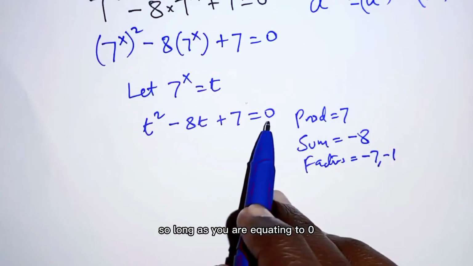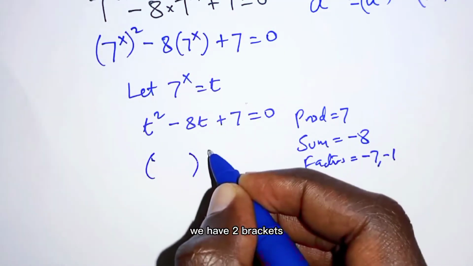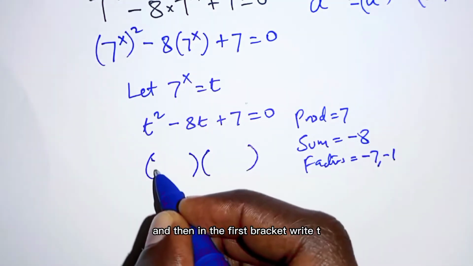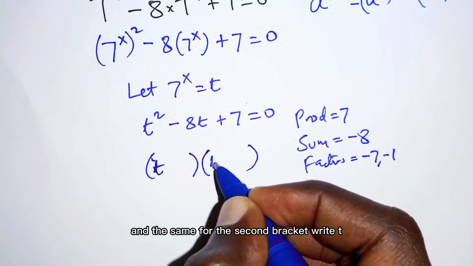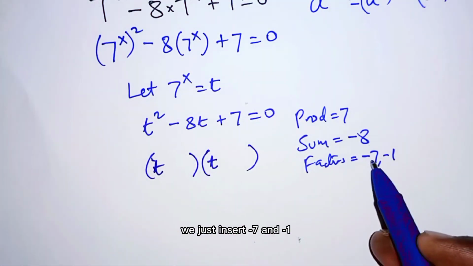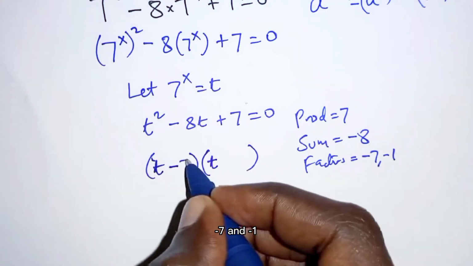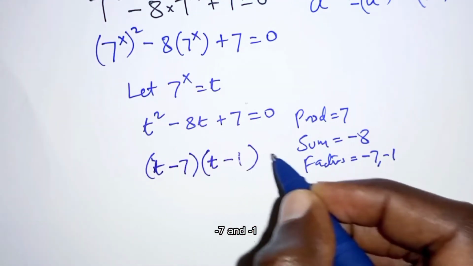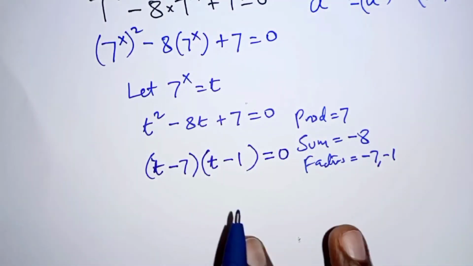So long as you're equating to 0, we can go straight to this. We have two brackets, and in each bracket we write t, and in the remaining space we insert negative 7 and negative 1. And then we equate to the right hand side, which is 0.